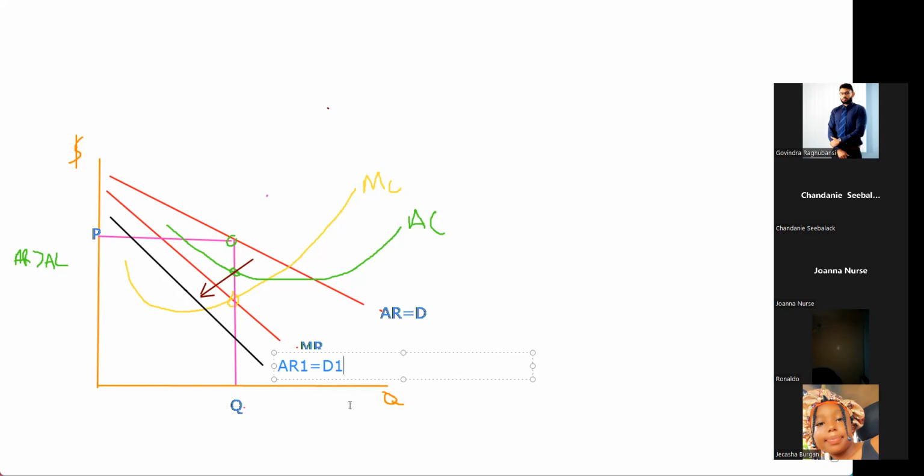Or this could have been AR1 and this AR2, but we use it like this. So this is our new AR1. And now we have a new MR1 as well. So MR is shifting too, mind you. I'm just going to show an arrow. This is MR shifting.